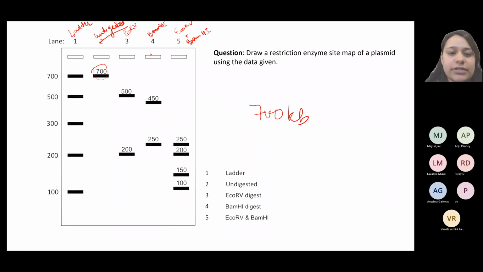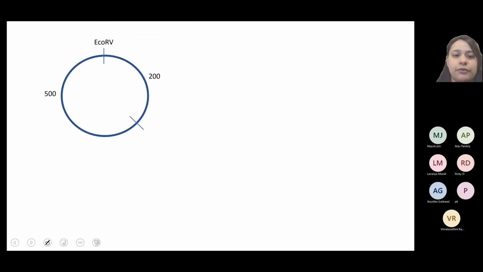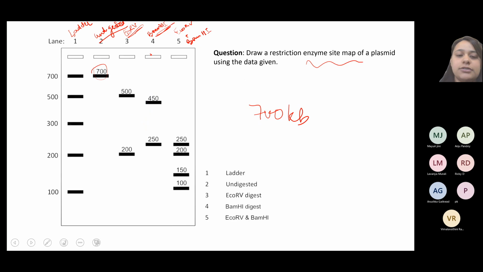Now we can individually draw the digestion sites for EcoR5 and BamH1, right? If we individually draw it, it will help us for drawing the final restriction enzyme site map. So I have already drawn it for your convenience. EcoR5 has two fragments, one is 200 kb and one is 500 kb, right?